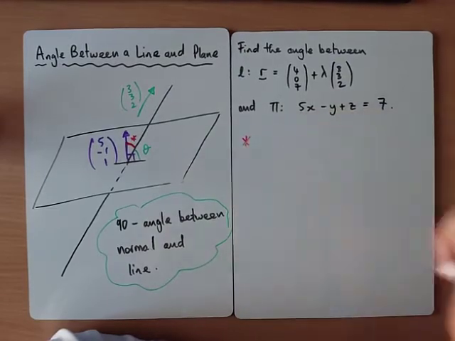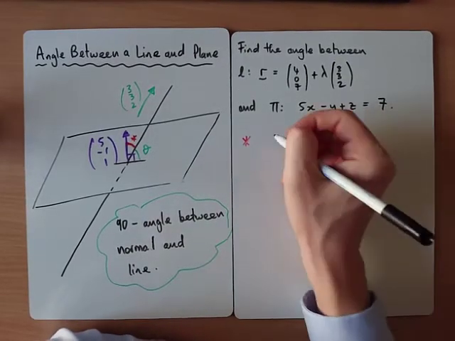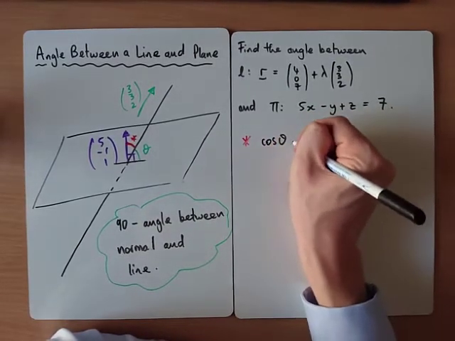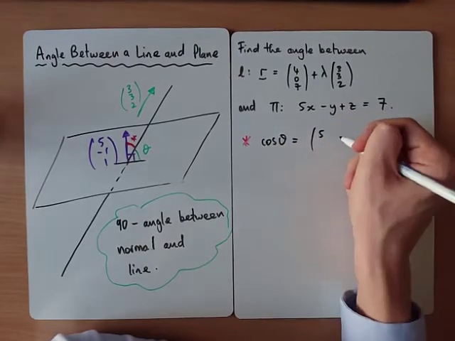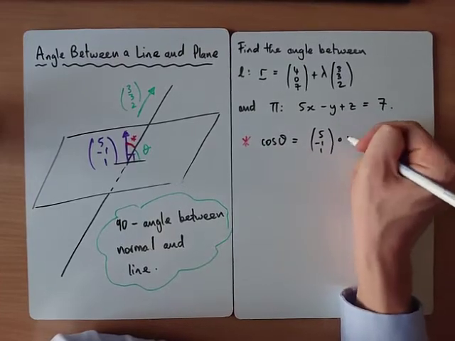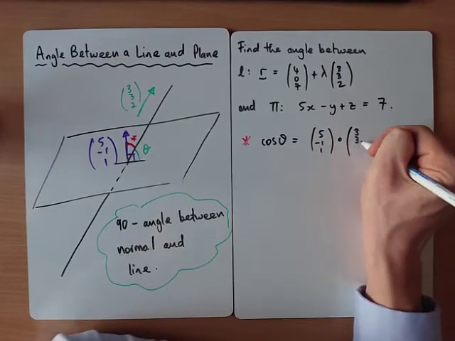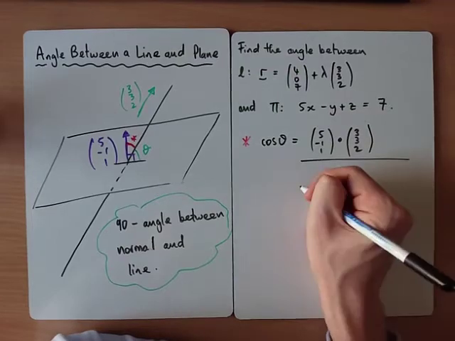Okay. So that angle there, we could say cos theta would equal dot product on top divided by magnitudes.